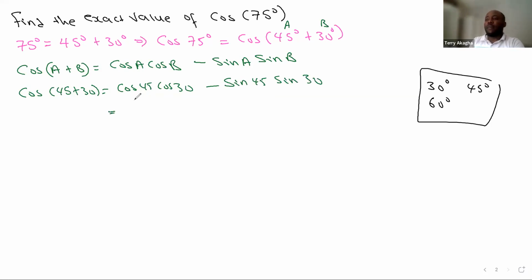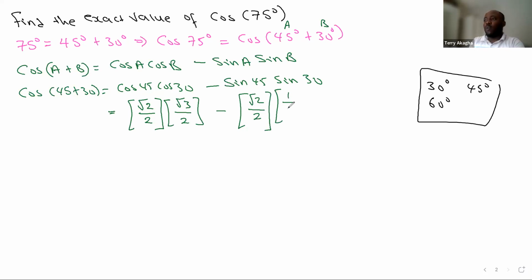Cos 45 is root 2 over 2, cos 30 is root 3 over 2, minus sine 45 is root 2 over 2, and sine 30 is 1 over 2.